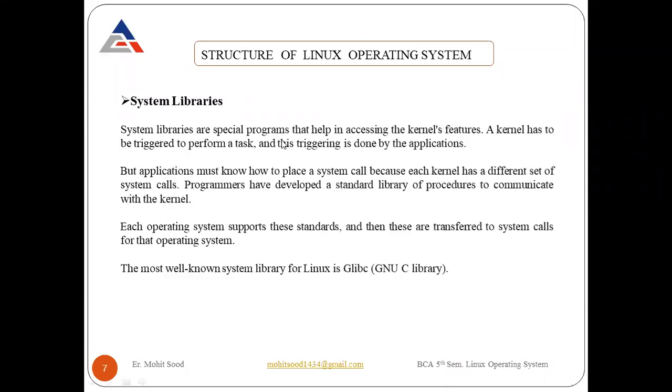So next is system libraries. What are system libraries? System libraries are special programs that help in accessing the kernel's features. The kernel has to be triggered to perform a task, and this triggering is done by the applications.